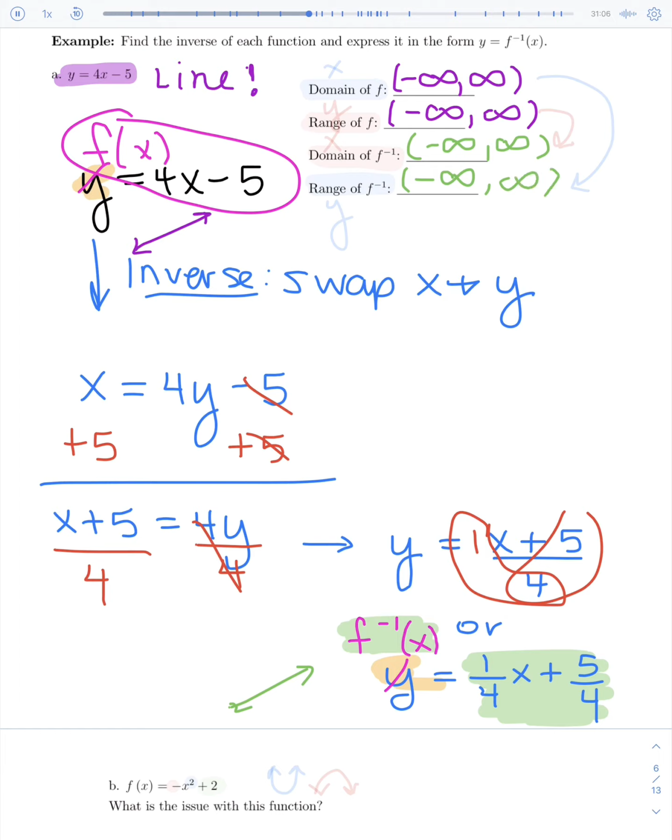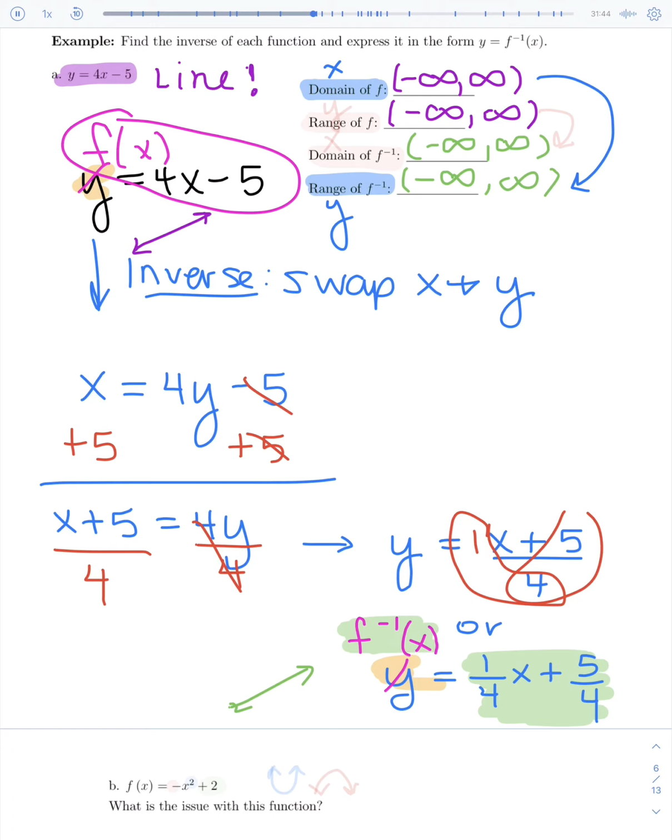However, I'm going to point this out. Even if you didn't know that this second graph, the inverse, was a line, you could still figure out the domain and range. Here's the awesome part about inverses: whatever the domain of the original function is, remember, the inverse is swapping x's and y's. So the domain, which is the x's, should become the y values, the range of the inverse. Even if I didn't know what it looked like, I should just automatically copy that the domain becomes the range of the inverse, swapping the x's and the y's.